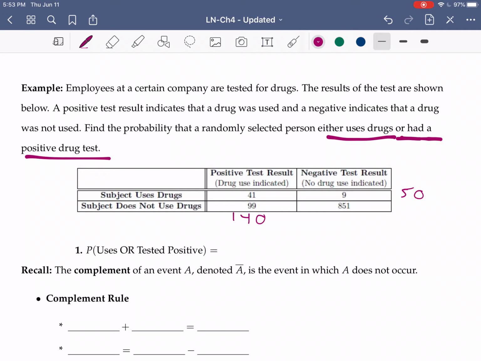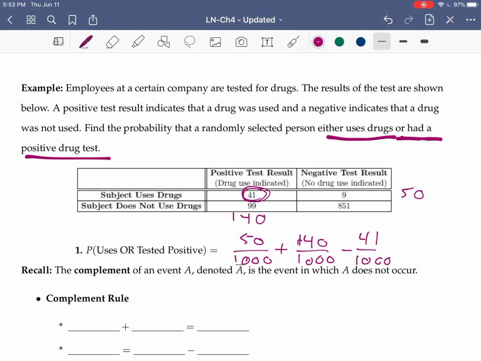So the probability someone uses drugs is 50 out of 1,000. The probability that someone tested positive is 140 out of 1,000. And those that we double counted were those 41 out of 1,000.